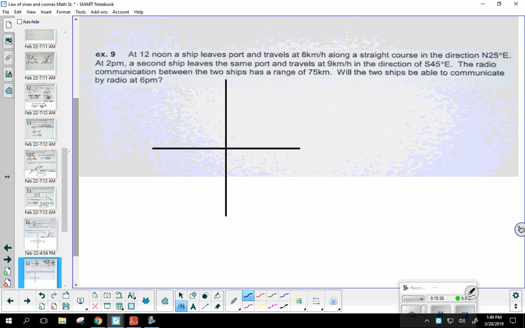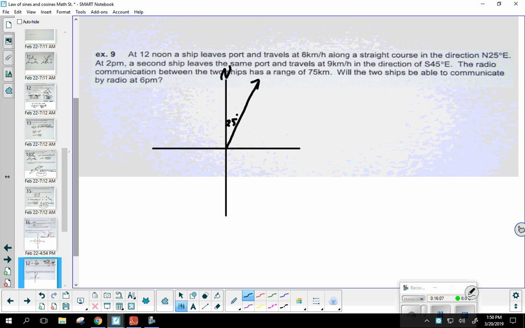So this first ship leaves at noon, and it goes in the direction north 25 degrees east. So what quadrant would that be? Quadrant 1, okay. So we're going to travel northeast. So let's say, right here, this is 25 degrees. Then we got a second ship that leaves at 2 p.m., 9 kilometers per hour, south 45 degrees east.